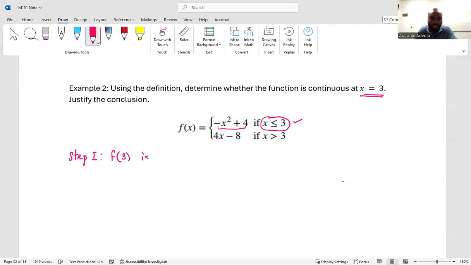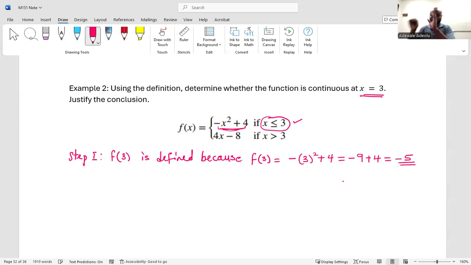f of 3 is defined because f of 3 equals, so we are going to use these parts, minus 3 raised to power 2 plus 4, which is negative 9 plus 4, which is negative 5.